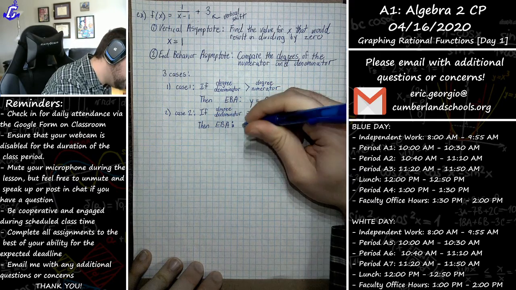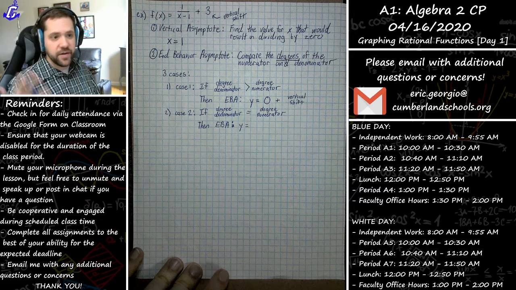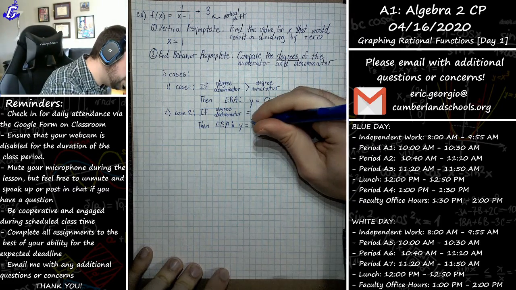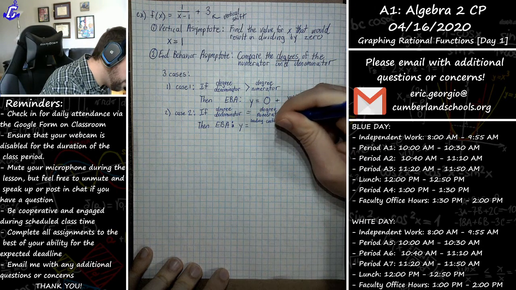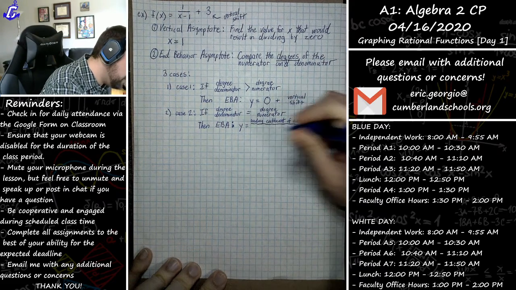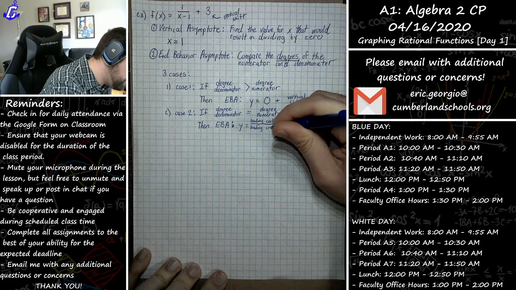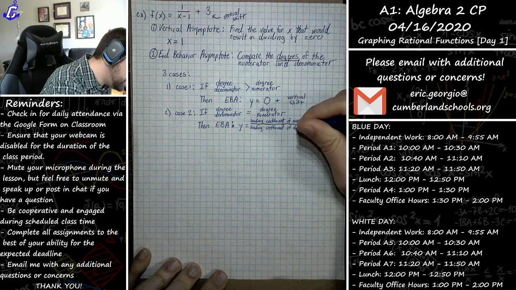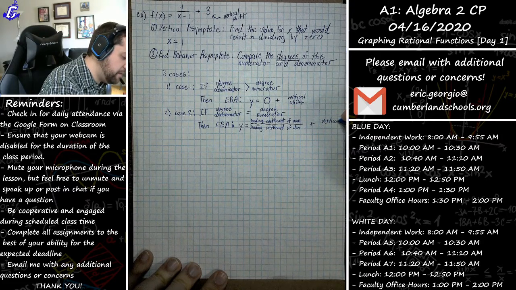is, let's put a colon here, y equals, and this seems like it's going to get crazy, but it's really not. Ready? It's the leading coefficient of the numerator divided by, like a fraction, the leading coefficient of the denominator, and then plus any vertical shift that you have.